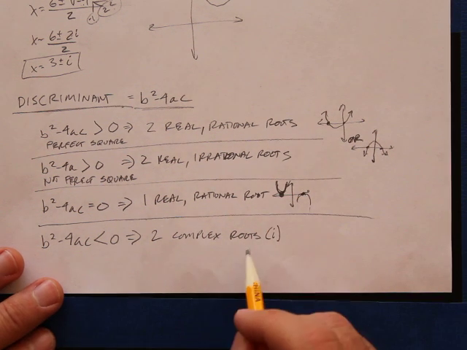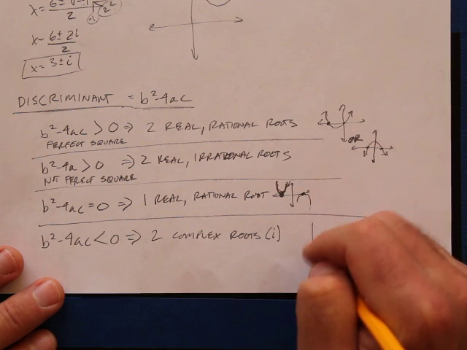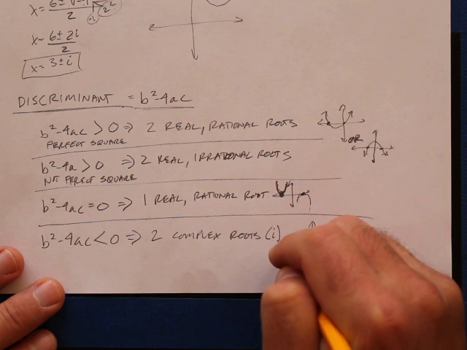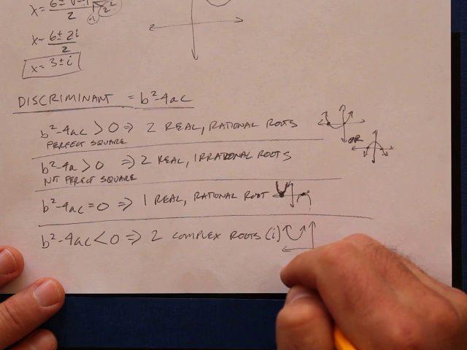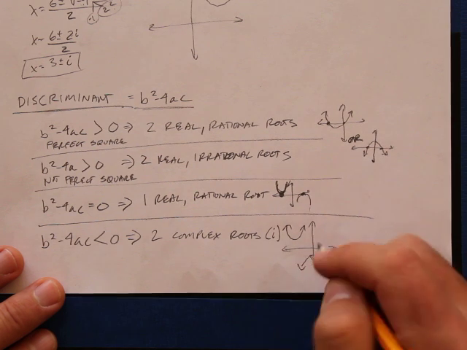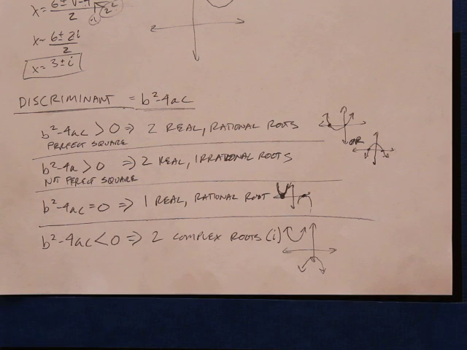I'm going to have a number plus or minus a number multiplied by i or something like that. I'm going to have an i involved, and it's going to look something like this, or something like this. The parabola will not cross the x-axis. And that is the end of section 4-6.